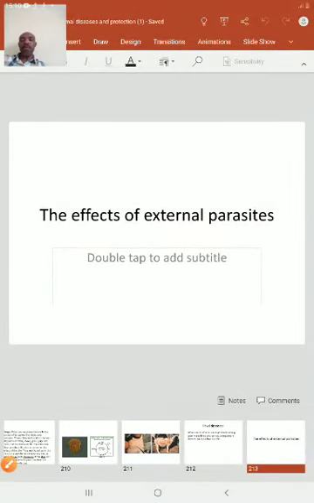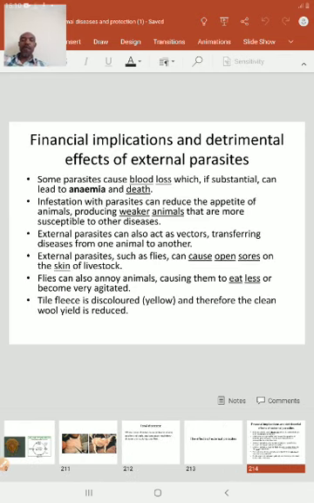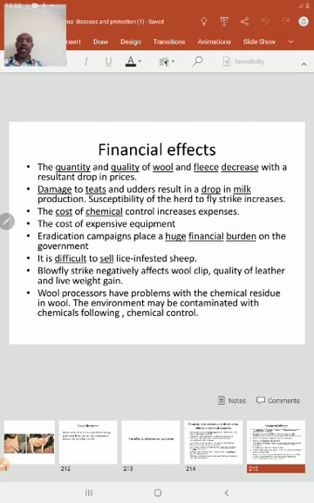Yeah, we've just talked about the external parasites, or ectoparasites. These are the effects of external parasites: blood loss, death, anemia, and they can cause open sores, cause animals to eat less, and even cause the fleece to discolor.